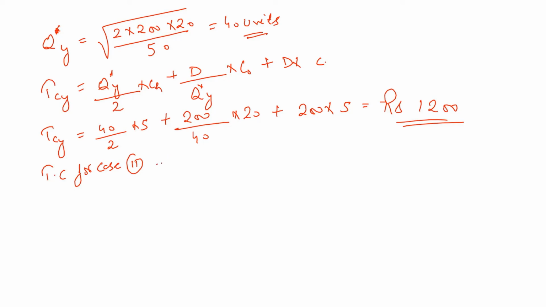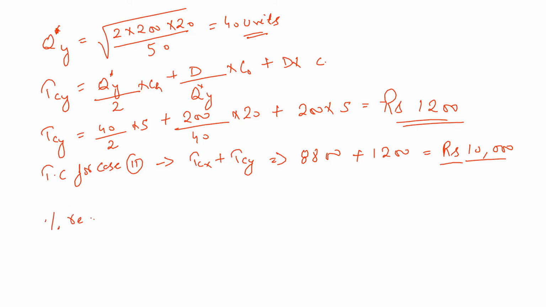So the total cost for case 2 would be TCX plus TCY, right? TCX we have calculated as 8800 rupees plus 1200 rupees, so if we add both, it comes to near 10,000 rupees. Now we have to calculate the percentage reduction asked in the question. It would be TC1 minus TC2 divided by TC1 multiplied by 100, because we have to calculate the percentage.